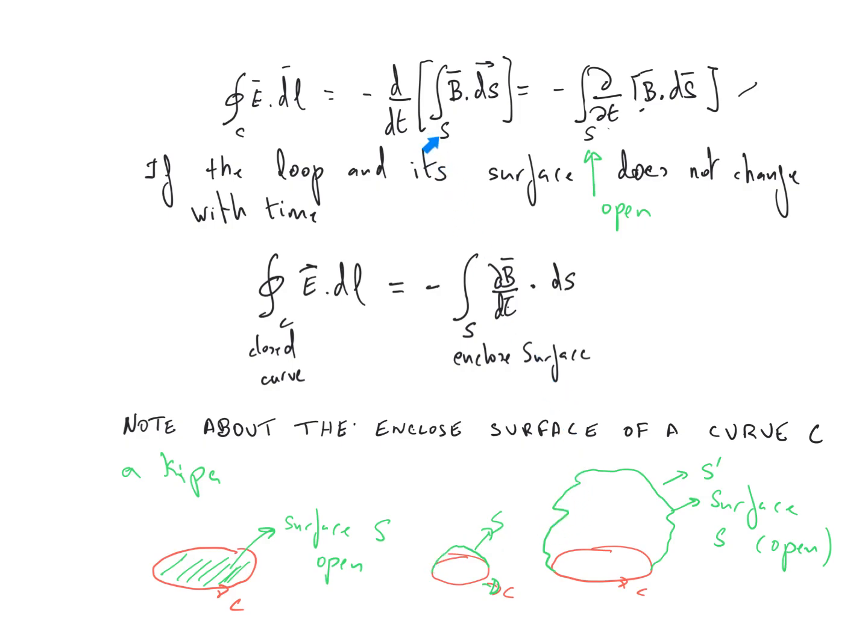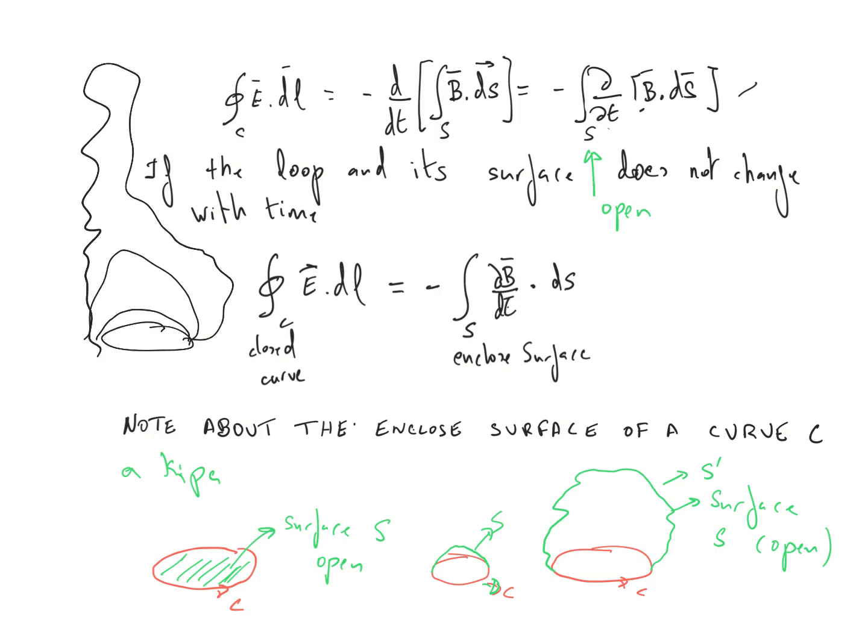Well, this surface is any surface that is bounded by the curve C. If the curve C is this one, it can be this one, it can be this one, or any surface. Yes, any surface that is sustained by the curve C is a valid surface for Faraday law.